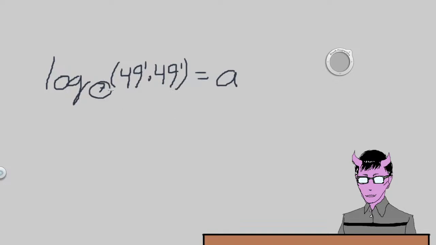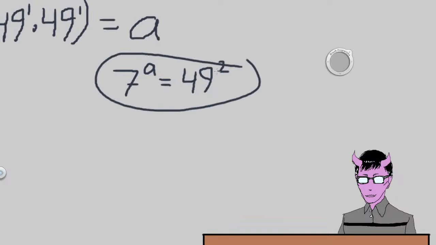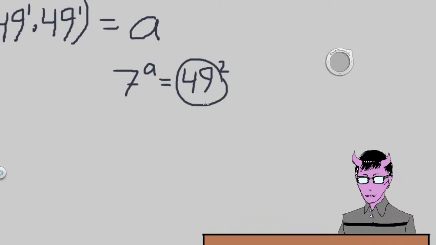So again, base of the log to the power of a gets us the argument. So 7 to the power of a is the argument, which is 49 times 49. So just add the exponents. There we go. Now this is our true problem. This is base 7. 49 is not coincidentally 7 squared.